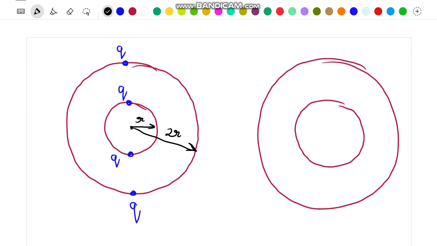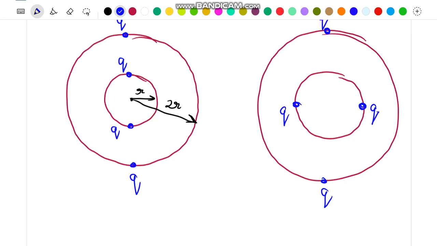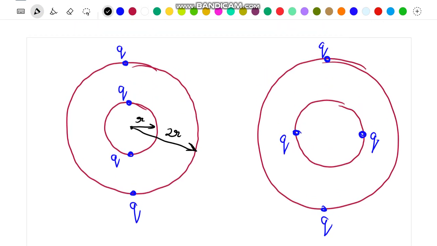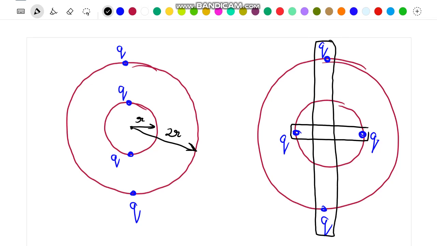So as you can imagine, on rotating the smaller ring by an angle of 90 degree about z axis, the new configuration of the charges will appear to us like the position shown in the diagram. Now it is clear in this configuration that the potential energy of interaction between these two pair of charges as well as the first and fourth charge is remaining unchanged.